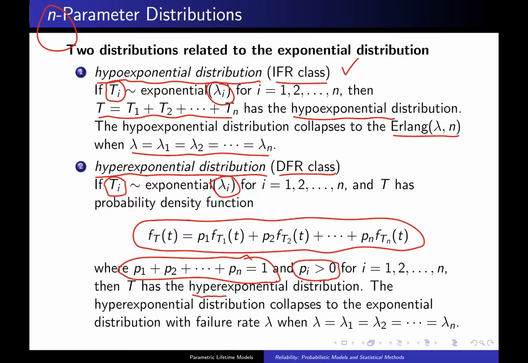That one is known as the hyper-exponential distribution, and it collapses to the exponential distribution with failure rate lambda when all of those parameters lambda 1 through lambda n are equal.